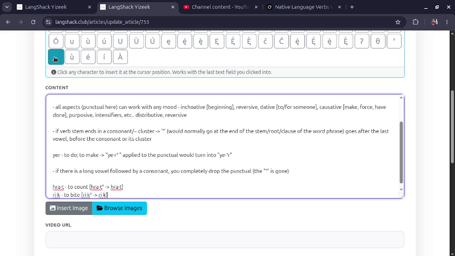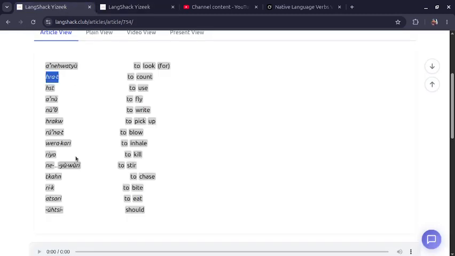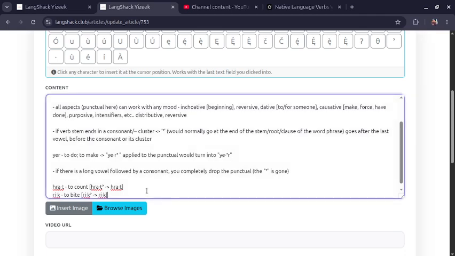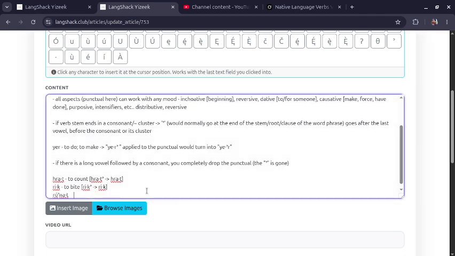And can we find any other ones that we can use? A long vowel, runat. Yeah, runat might be a good one to use because you have a long vowel. It's the only other one I have in this list. So I have runat.